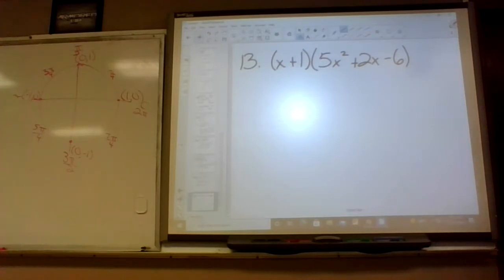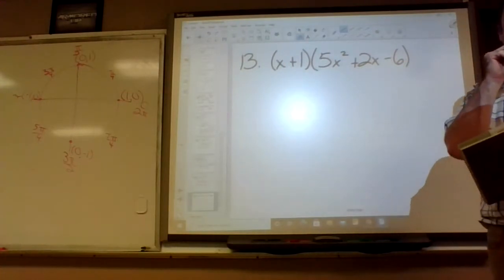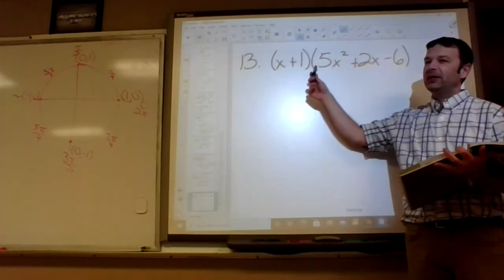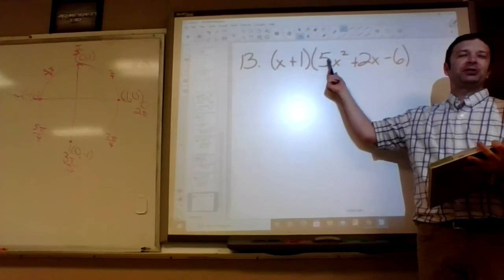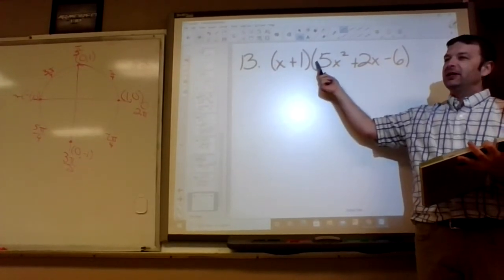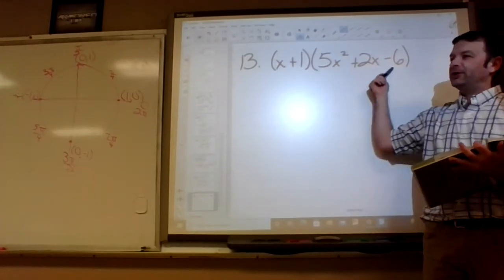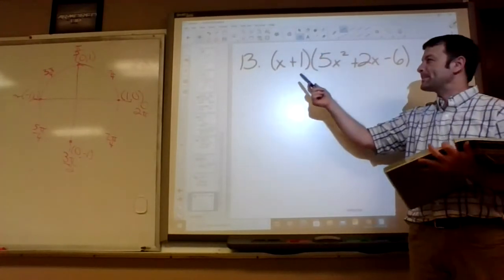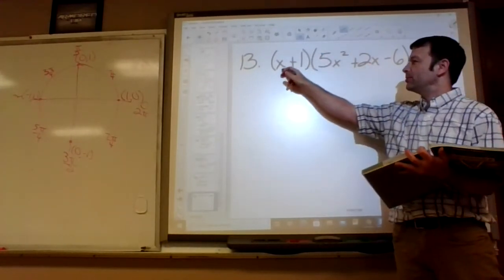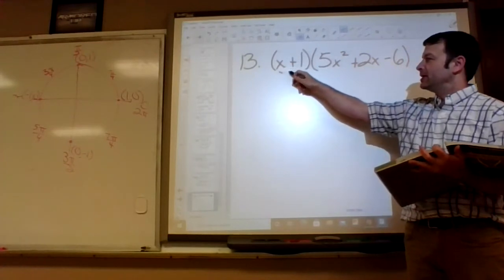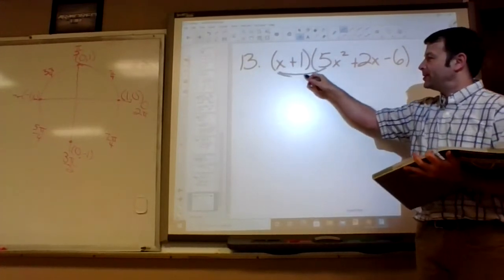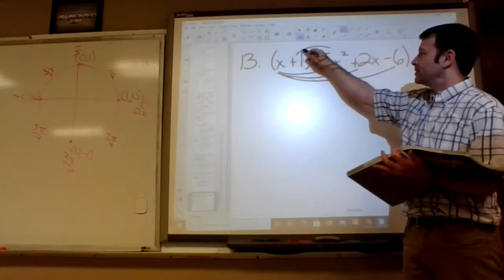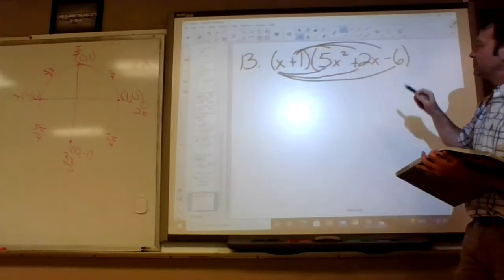We'll let Nick do it then. This is harder than the other ones. You see what's different? That's a trinomial right there, so we're not doing FOIL. Just think of it as distributive property with the x and the 1.